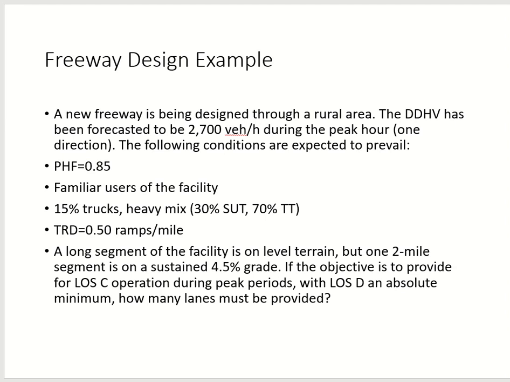Which one? Ramp density is given. FLW is the factor for lane width. Is the lane width given? No. FLC is the factor for lateral clearance. Is it given? No. So what should I do? Assume what? The answer is correct, but what should I assume? Any value? 2 feet, 3 feet, 50 feet?